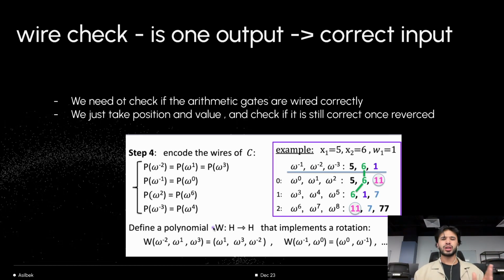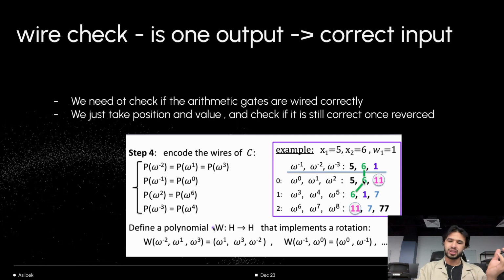The wire check is quite simple. It checks if the output is the correct input to another gate. We just take the position and the value. Let's say this position and this value should still be correct once it's reversed.